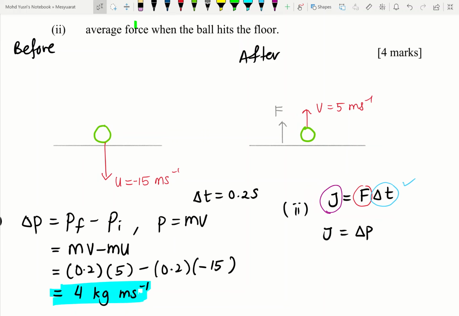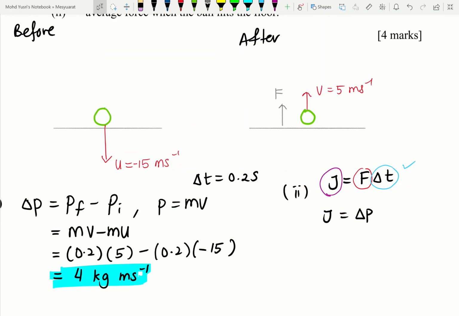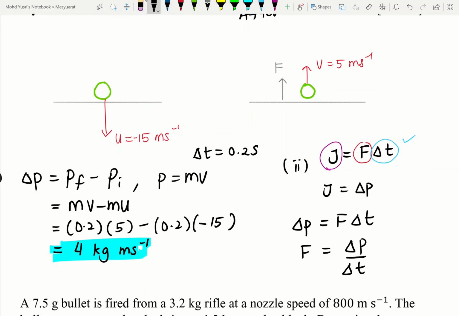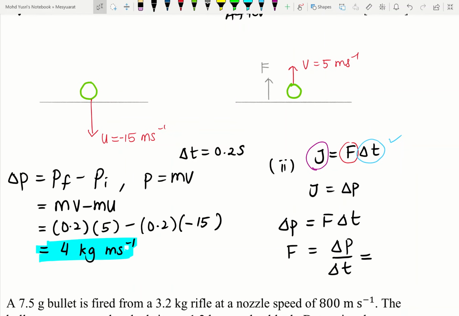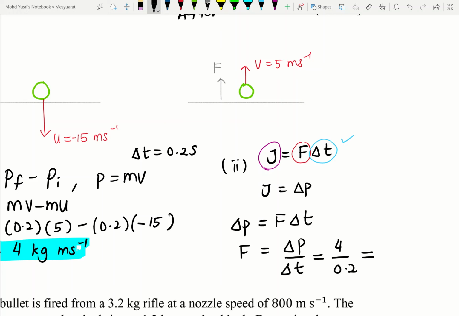The change in momentum is equals to 4 kg meter per second. Therefore, we can simply calculate F by equating this equation. Delta P is equals to F delta T. So F is equals to delta P over delta T, and that is equals to 4 over 0.2 second, and the answer for the average force is 20 Newton.